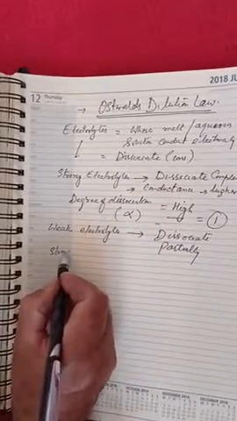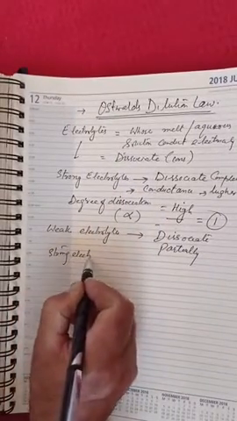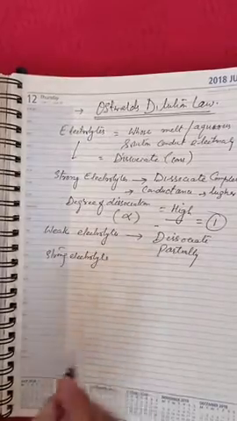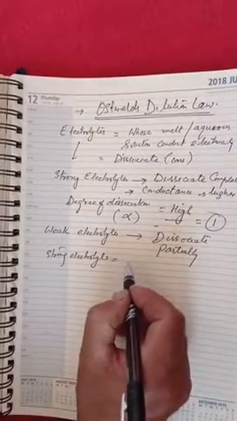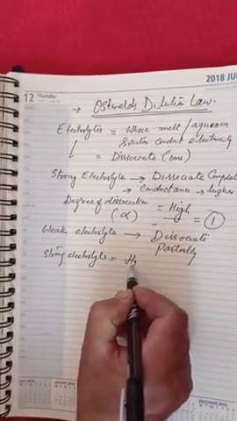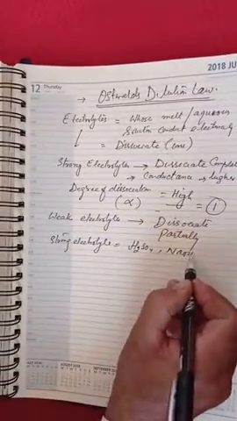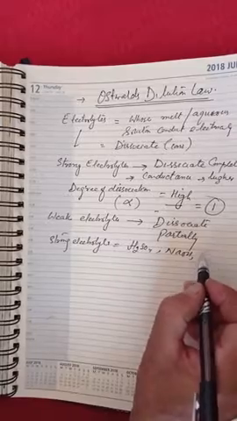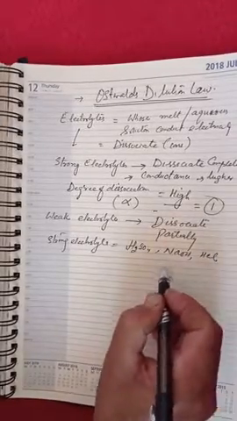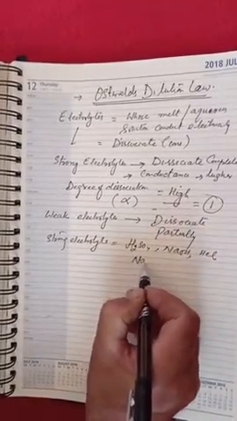For example, strong electrolytes are acids like H2SO4 and HCl, bases like sodium hydroxide, and an aqueous solution or melt of NaCl.